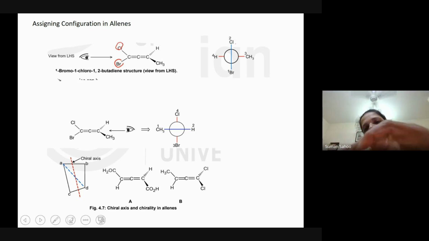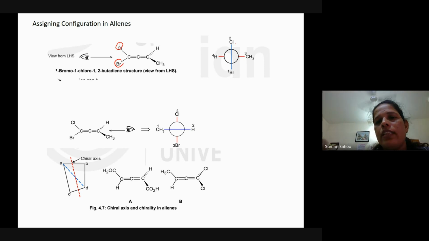So this bond is on top and this bond is on the back. While assigning these notations, you have to check which direction you are viewing from, and these groups will get the first priorities, and the other groups will get lower priority.